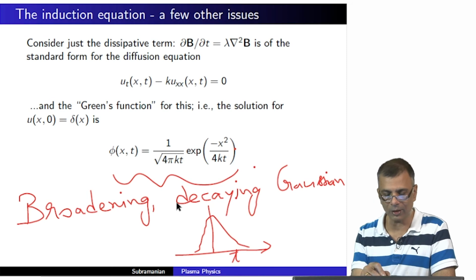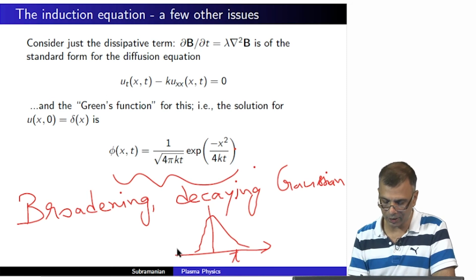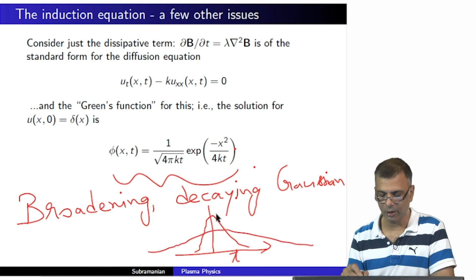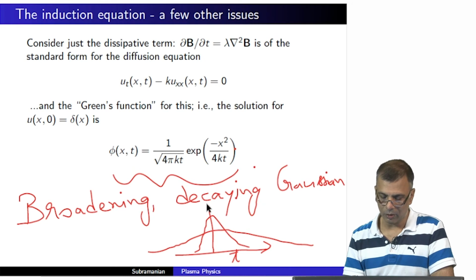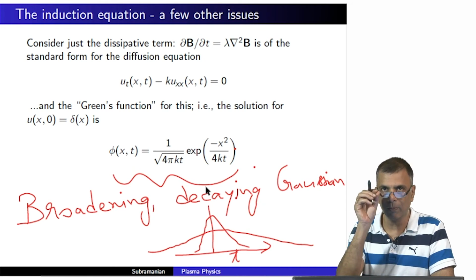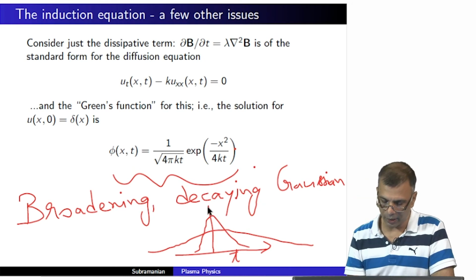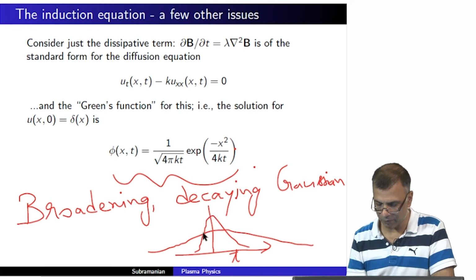And what does this represent? This represents the magnetic field. At a still later time, it looks like this. In other words, you started out with a point-like magnetic field. As time progressed, the magnitude of the magnetic field decreased and it broadened, and as time progressed even more, the magnitude decreased even more and it broadened even more.